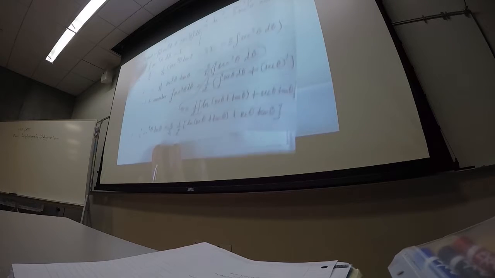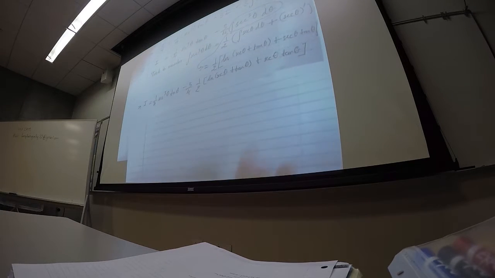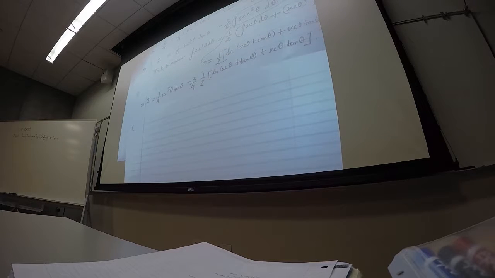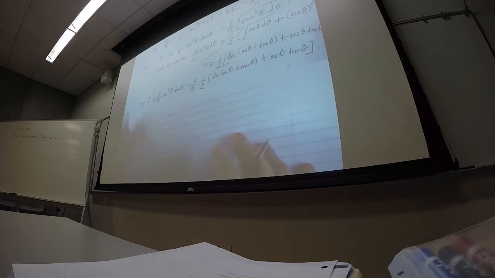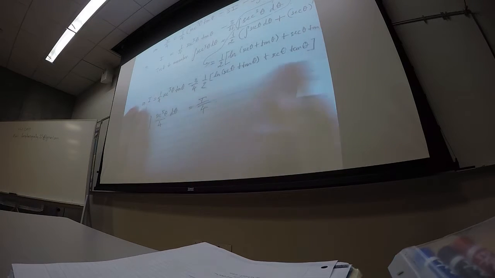Okay, so what does the question ask us? The question asks us to evaluate secant fifth theta over 4 d theta. So that equals I over 4, right? But you have I equal to this whole thing.